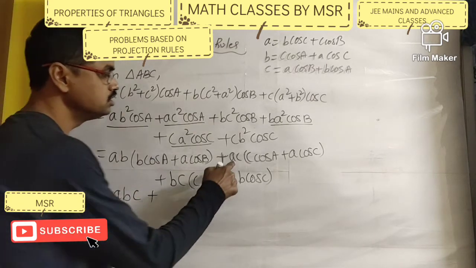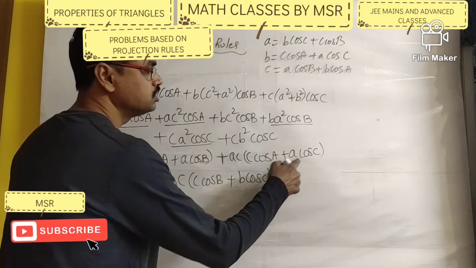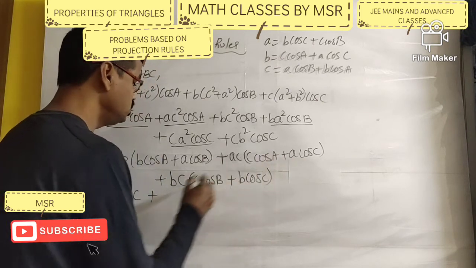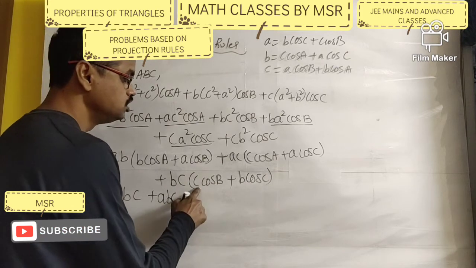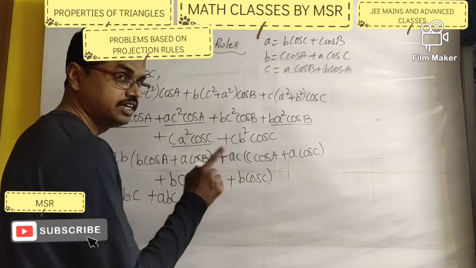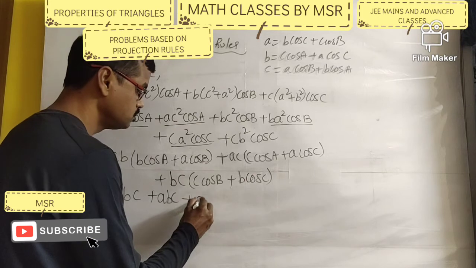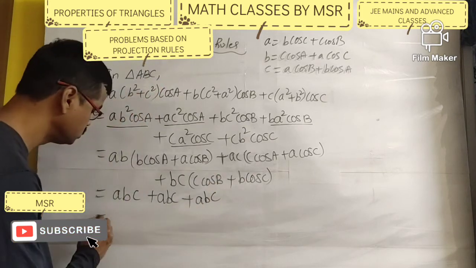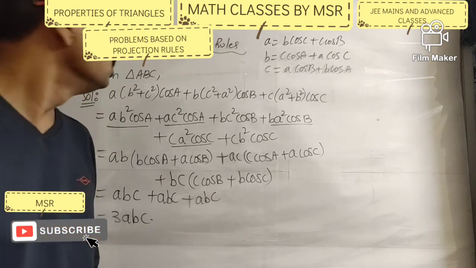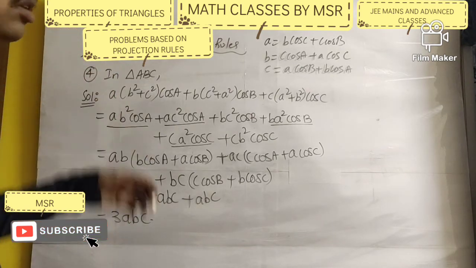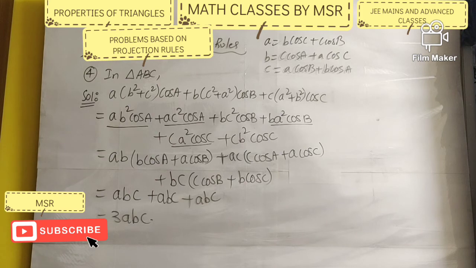Again, ac into c cos A plus a cos C, that is b. ac into b, abc. Next, bc into c cos B plus b cos C, that is a. So abc. So finally your answer is 3abc. This is problem number 4 from projection rule.